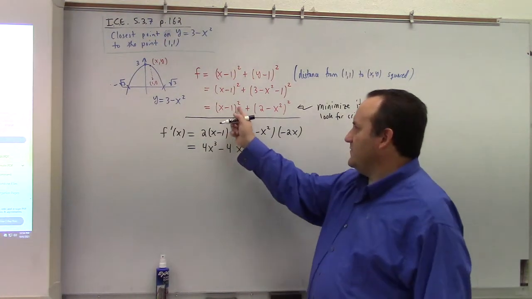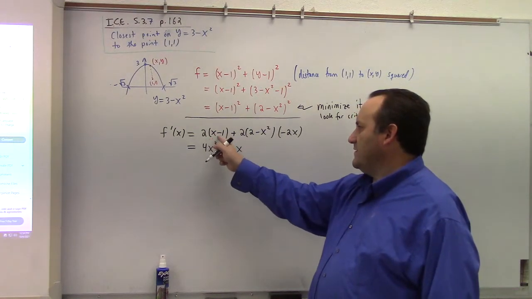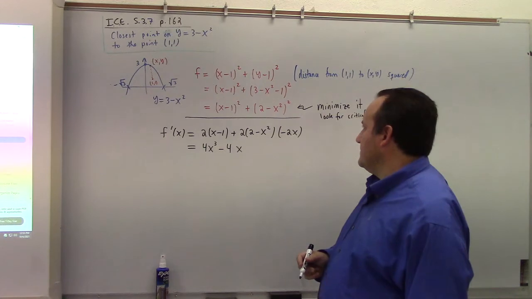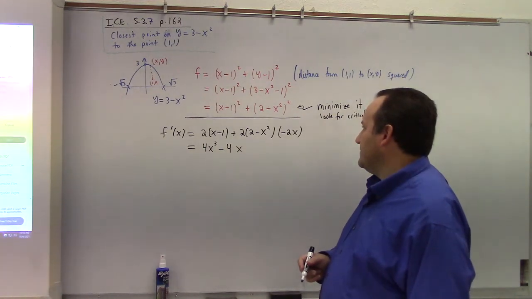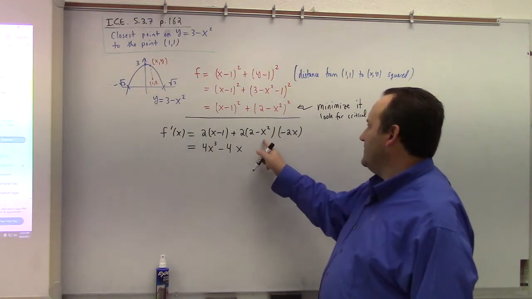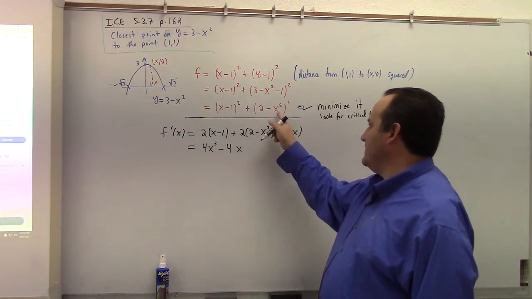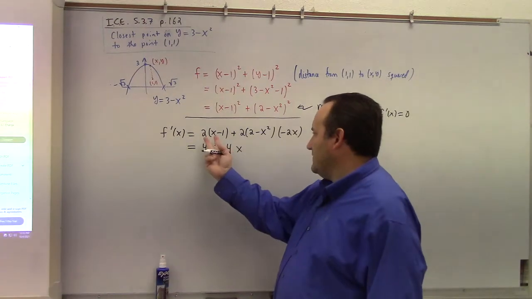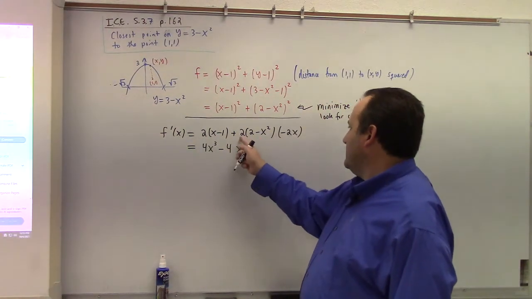We do 2 times (x minus 1), so that gives me that. Then 2 times (2 minus x squared), and then I multiply by the derivative of the inside, which is minus 2x. All right, well, let me just keep plodding along here. So I got 2x, 2 times, oh, I'm an idiot.